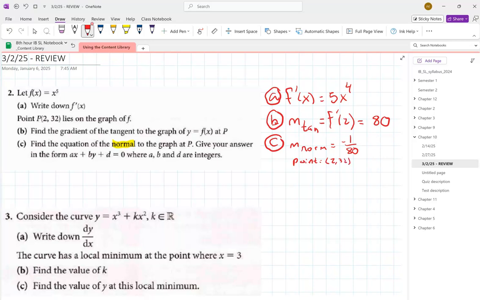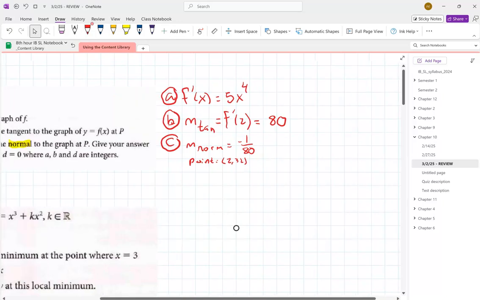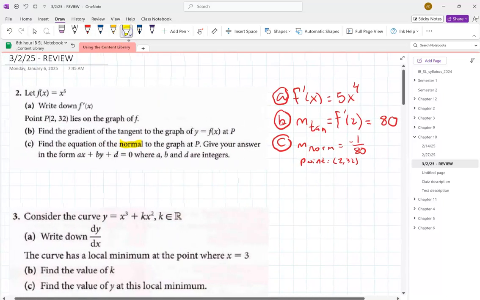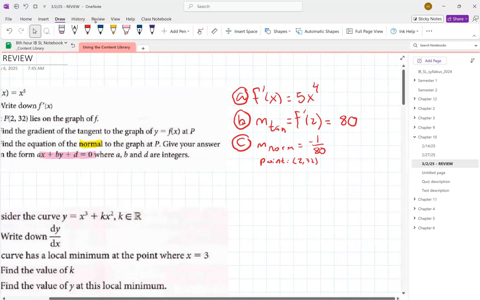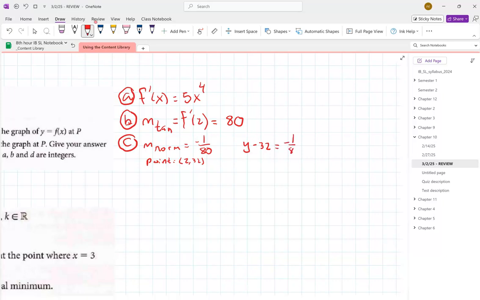So to write the equation for this line, am I going to write it immediately in this form? Absolutely not. What am I going to do? Point slope is what I'm going to use. So y minus y1 equals m times x minus x1. And then I'm going to deal with integers first.